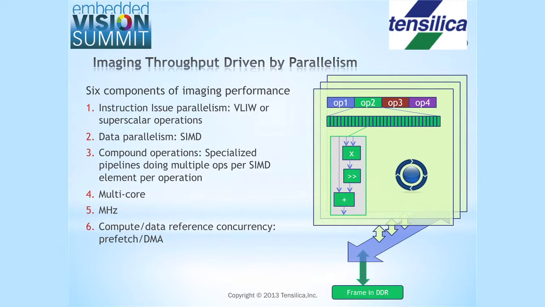And finally, and very importantly in imaging, you have inherent potential concurrency between the memory system and the operations. In fact, for most of these things, unless you are able to fully parallelize what's going on to bring frame data into the processor and the processing of it itself, you're probably sunk in terms of throughput and efficiency.